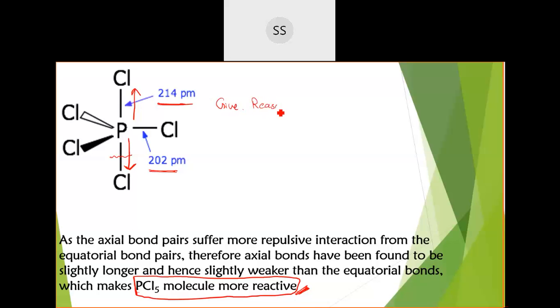Give reason, PCl5 molecule is more reactive. Then you write this answer: because the axial bond pair suffers more repulsive interaction than the equatorial bond. Therefore, axial bonds are found to be slightly longer and weaker. If they become longer and weaker, they will be easier for us to break.